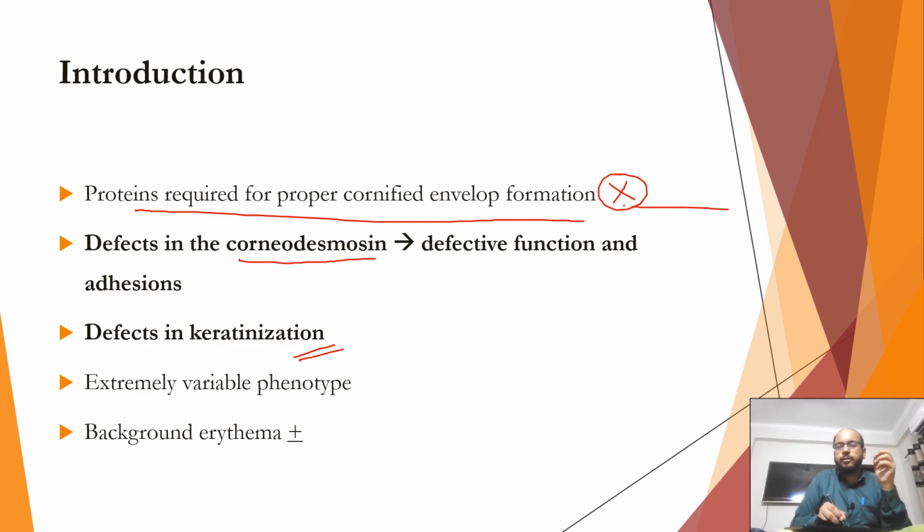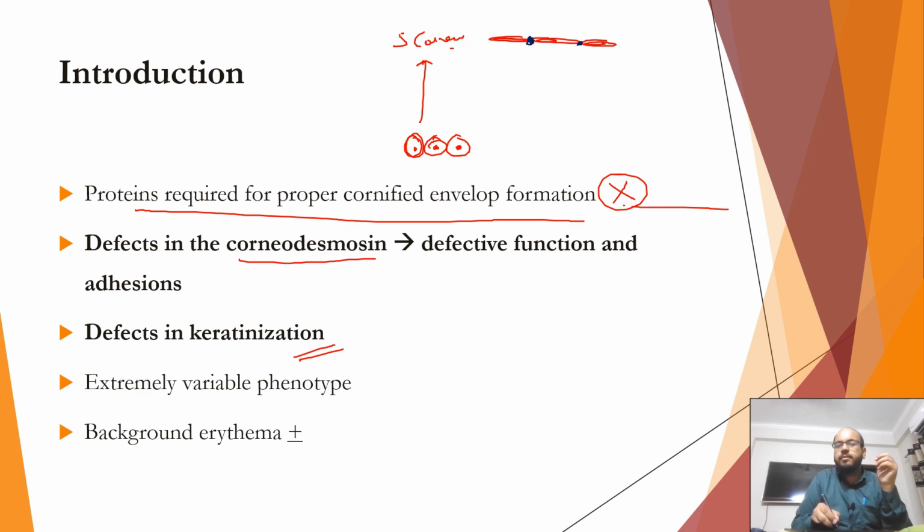Now, what is corneodesmosin? We know that at the basal level of skin, the cell is known as a keratinocyte. As the cell moves forward and reaches the stratum corneum, it becomes flattened and dead. Corneodesmosomes are nothing but attachments between the dead cells.